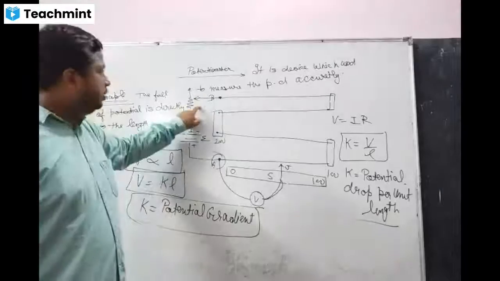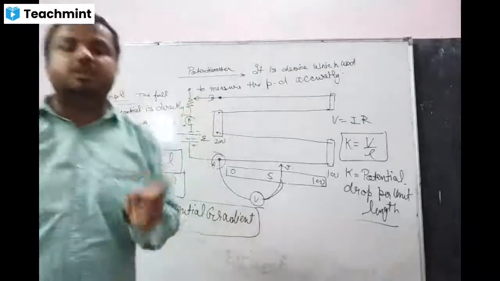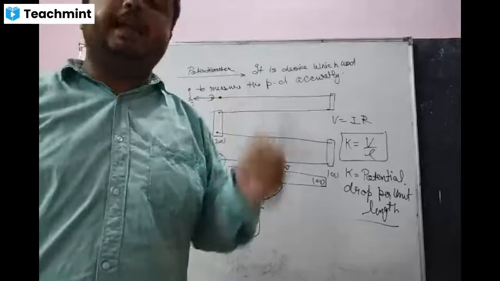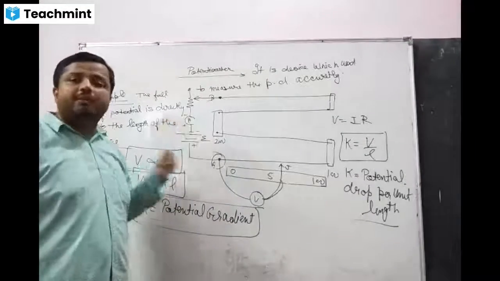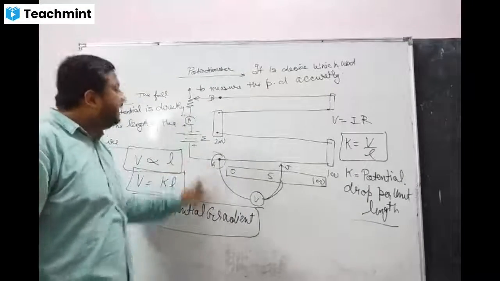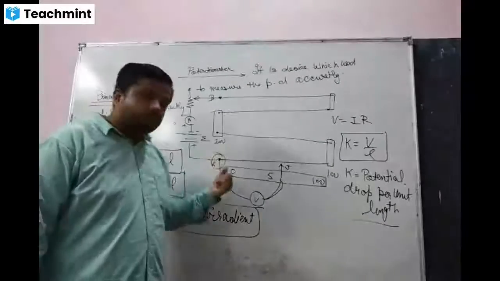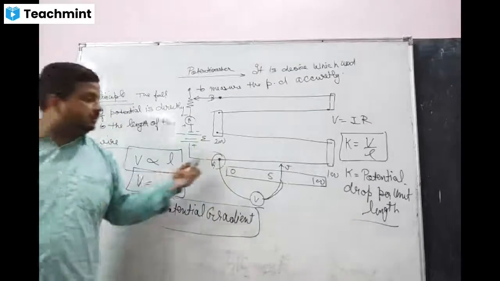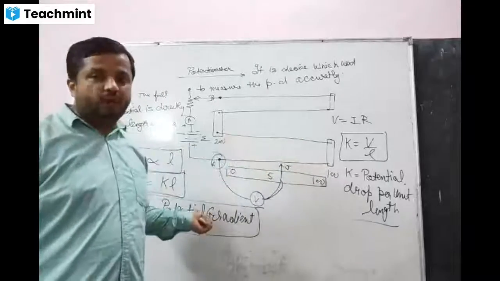Now about the rheostat. A rheostat is a device which is used for variable resistance. The wire has a uniform area of cross-section and a constant current is flowing.